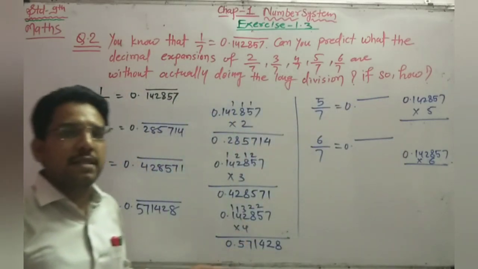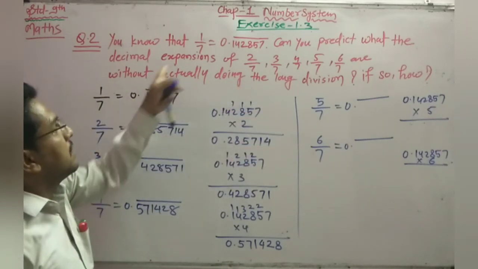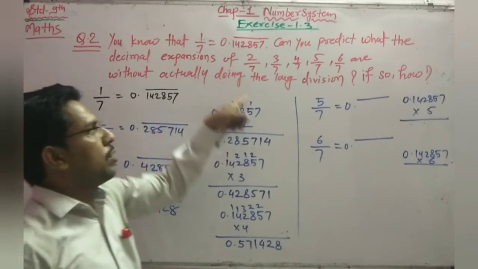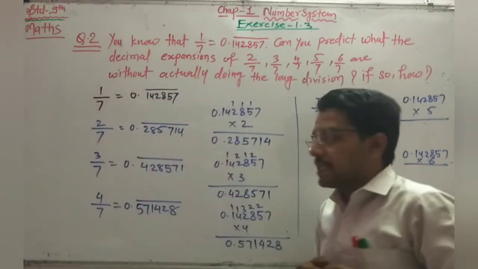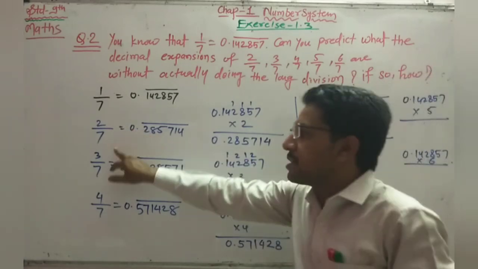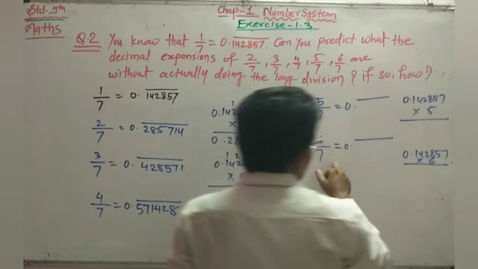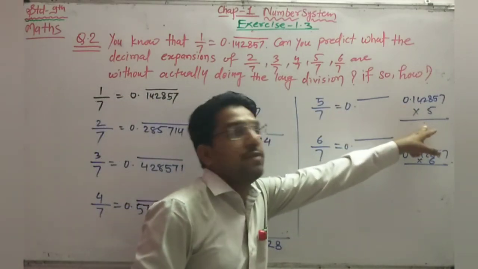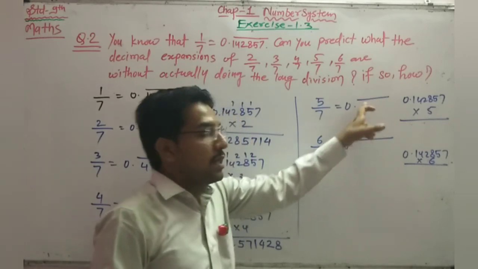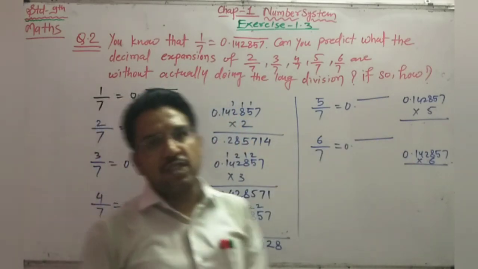So by this method, without doing long division, we find the decimal expansions of 2 upon 7, 3 upon 7, 4 upon 7, 5 upon 7 and 6 upon 7. Here I solved 2 upon 7, 3 upon 7 and 4 upon 7. These two you will do as homework. Whatever the product of these, you just write over here. So this is question number 2.